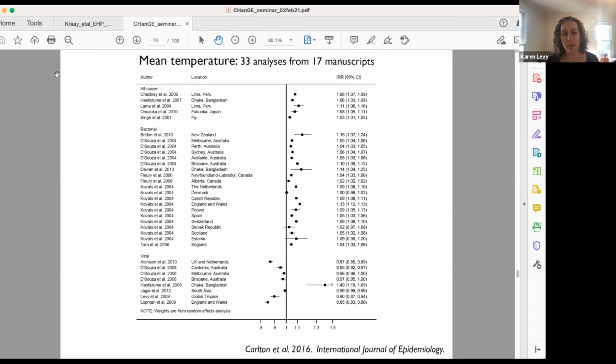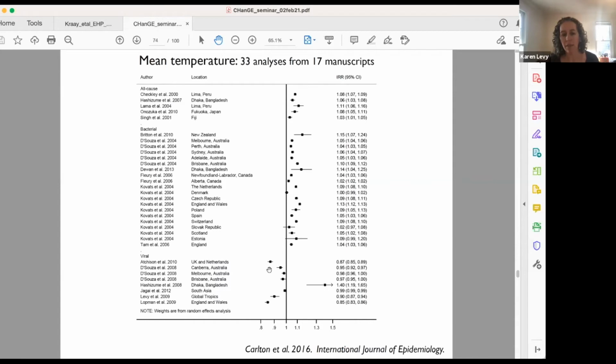And so this is what's called a forest plot, where each row here is a different study. And this line here is the line of unity, so this would be no effect. And over to the right, all of these papers are showing a positive association between temperature and diarrhea. And these ones are showing a negative correlation.